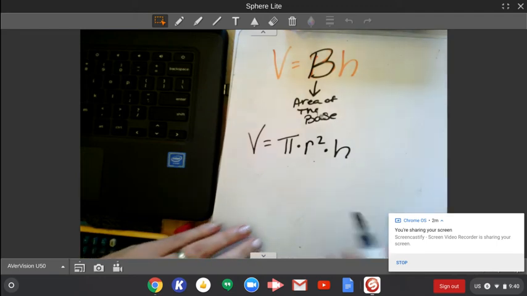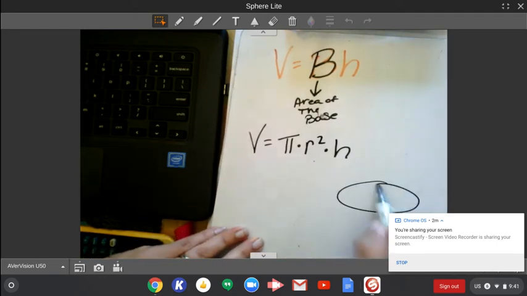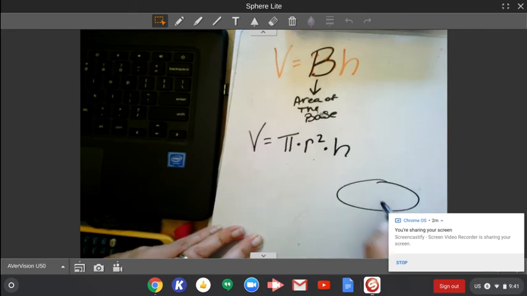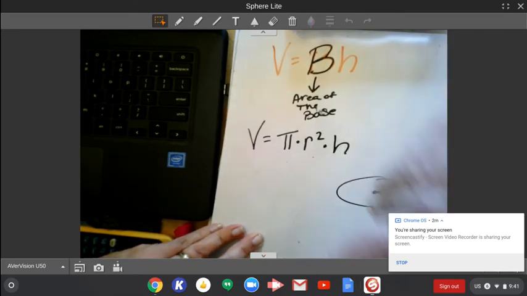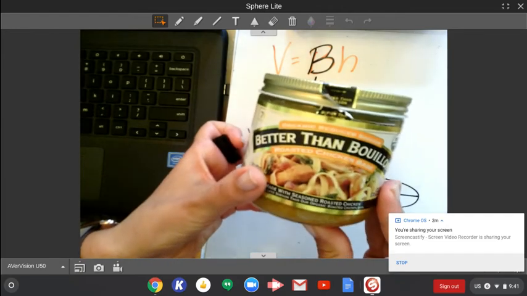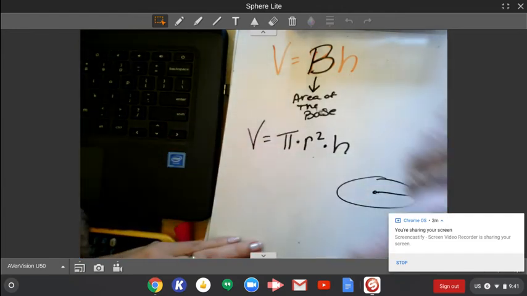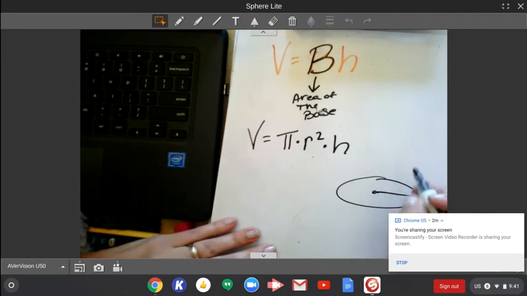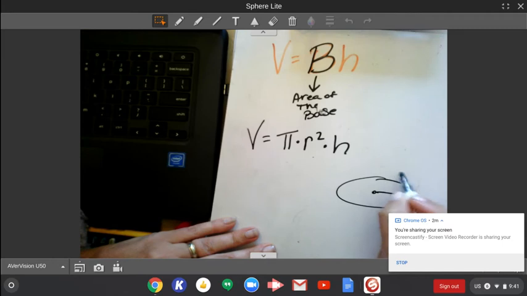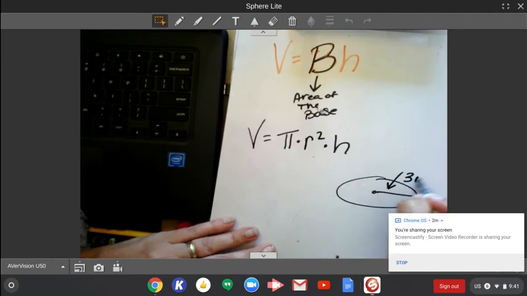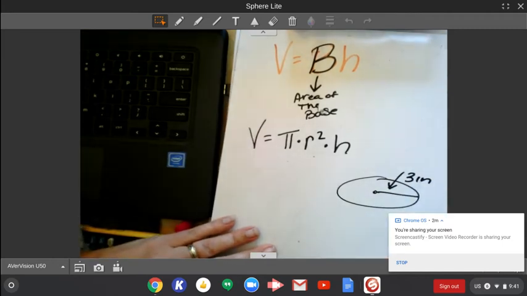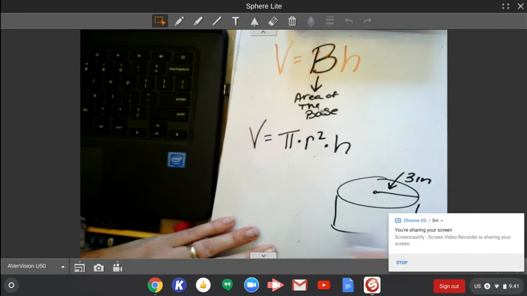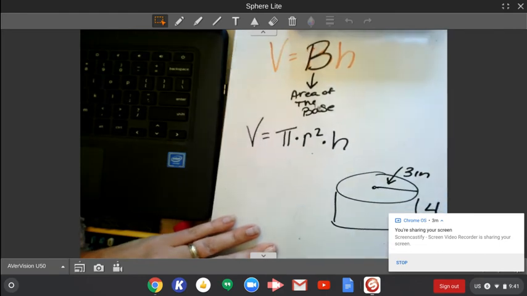So I measured this before, and I found that the bouillon can, the one that was wider and shorter, had a diameter of 6 inches. And so I'm going to write down 3 inches for the radius. And the height was 4 inches.